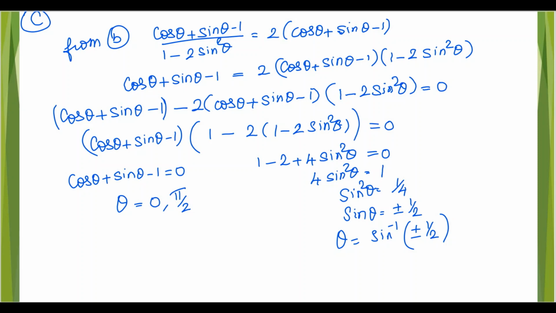So when sine theta equal to plus 1 over 2, so theta equal to pi over 6, or 5 pi over 6.